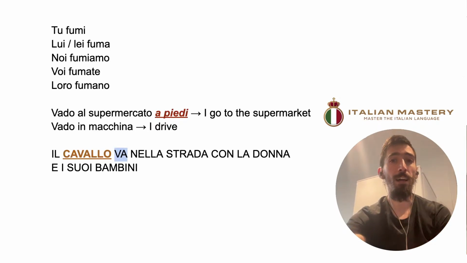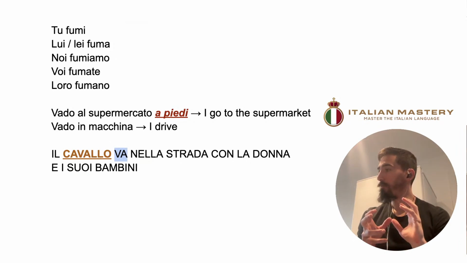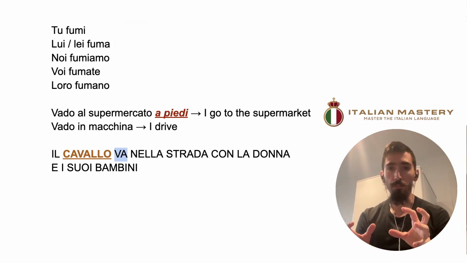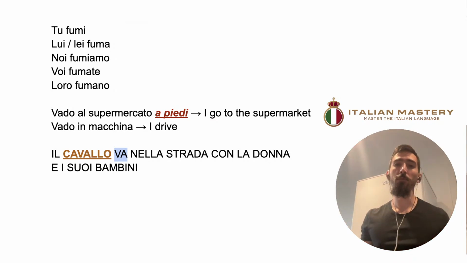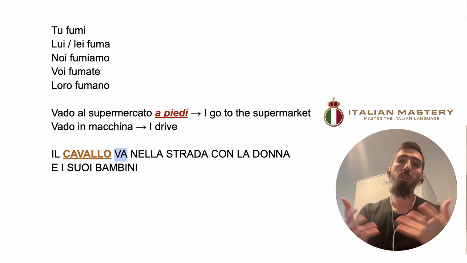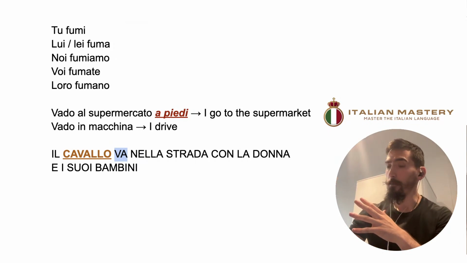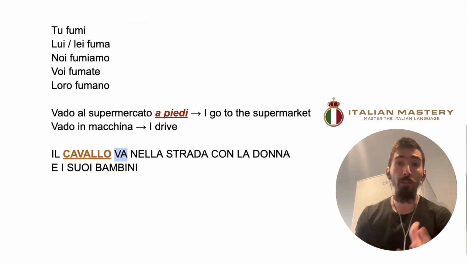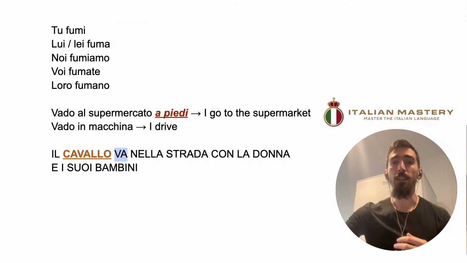Va, we've already seen that. These are very important verbs, but also important conjugations. Because so many times you're going to have to describe a third person, a third party, whoever that is. It could be an animal, a man, a woman, a thing, right? Describing a building or a bridge or whatever. So it's very important to learn va, it goes.